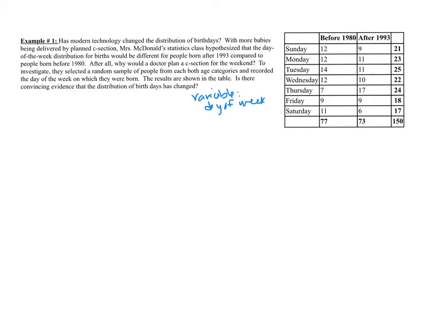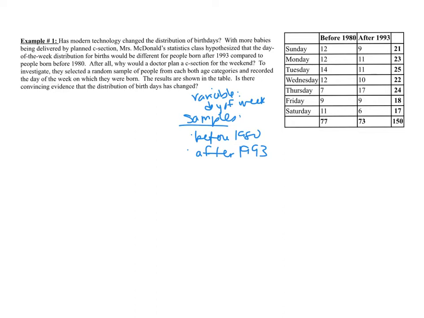Here we also took two samples. Our first sample was the 77 people who were born before 1980. The second sample was the 73 people who were born after 1993.